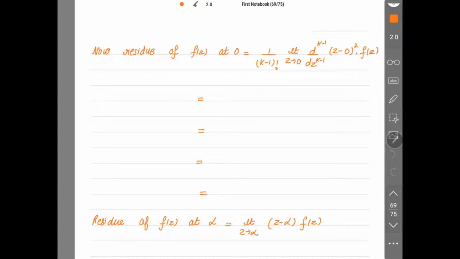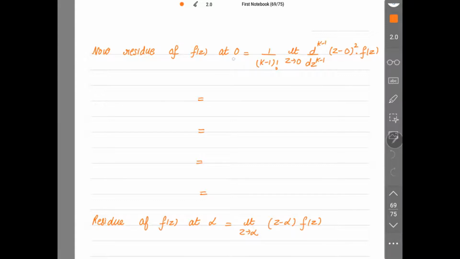Whenever we have a pole of order k, the formula to find the residue of f(z) at that point is 1 over (k minus 1) factorial, limit z tends to 0, where 0 is the point where you have your pole, and we have to differentiate (z minus 0) whole square times f(z), because 0 is of order 2.